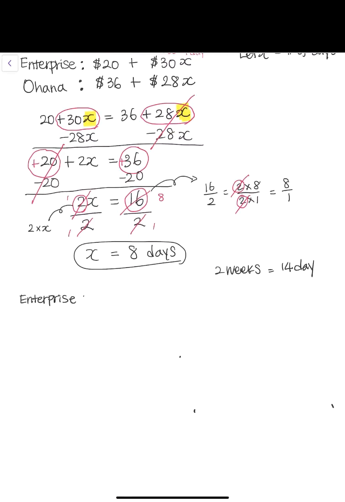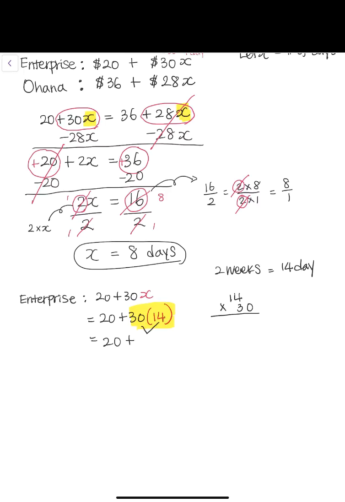Enterprise is 20 plus 30x, and then I'm going to substitute this x for 14 days because Ms. Heejin is staying for 14 days. And in order to solve this, we see the parentheses over here, so we have to take care of that first. So 20 plus, let's multiply 14 times 30.